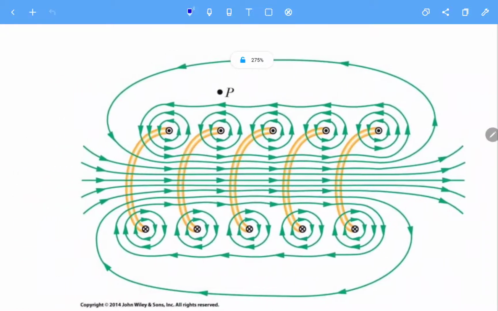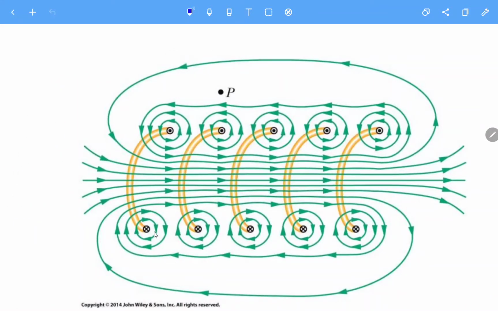So here, suppose this is a solenoid, then the current will be like this: this is going into the page, this is going out of the page.